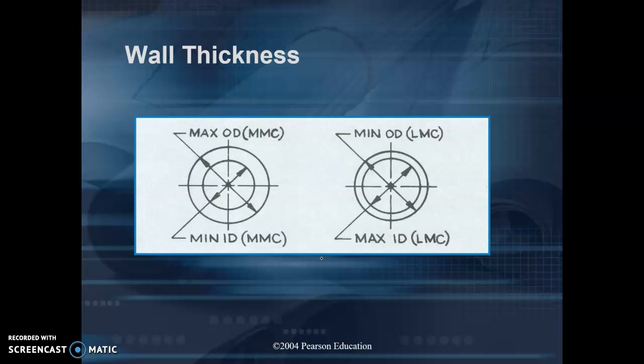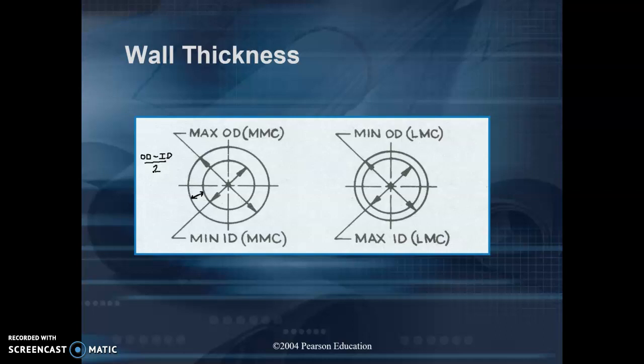If we want to find the wall thickness of a pipe, and we know its outside and inside diameters, we can find the wall thickness by taking the outside diameter minus the inside diameter, and then we need to divide by 2.